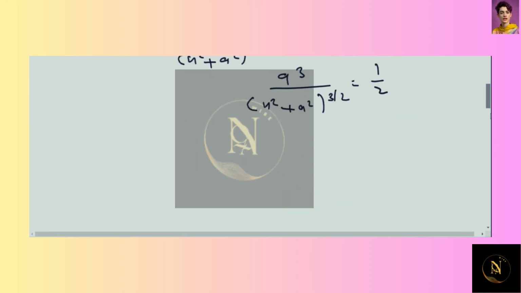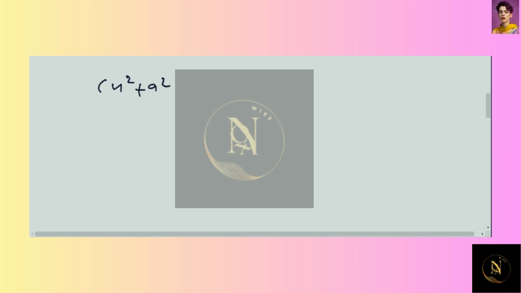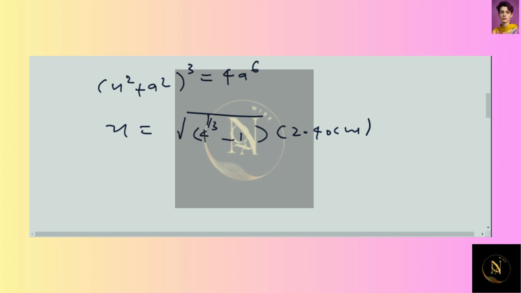Simplifying this, we get (x squared plus a square) whole cube is equal to 4a to the power 6, right? And solving for x, x is equal to root of (4 to the power 1 by 3 minus 1) into 2.40 centimeter, and that is equal to 1.84 centimeter.